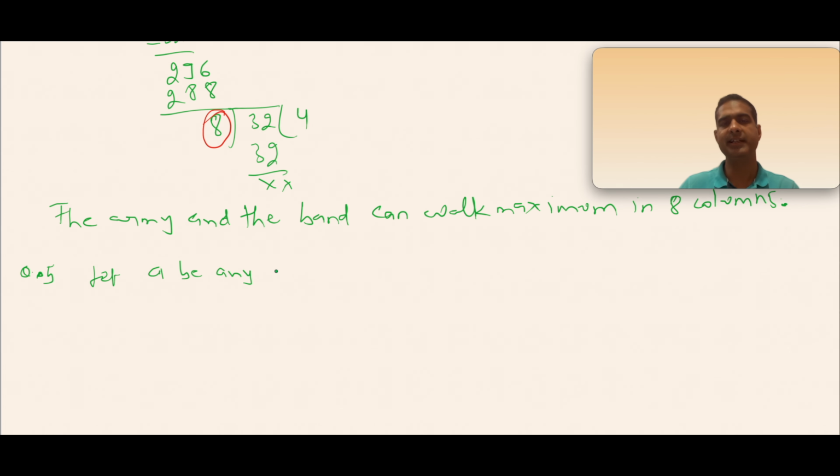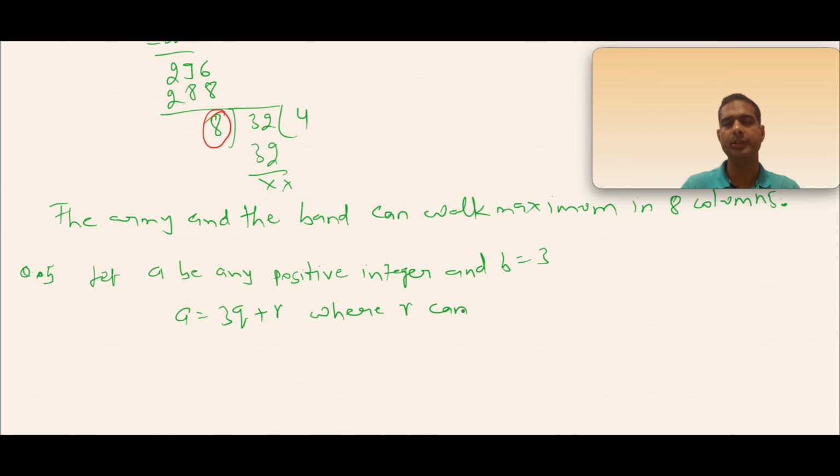So let a be any positive integer and b be 3. So we can write a is equal to 3q plus r, where r can be, now we are dividing by 3, so r can be 0, 1 or 2.